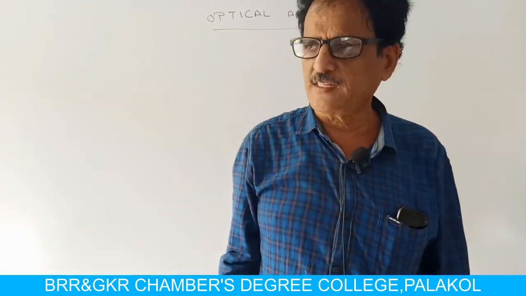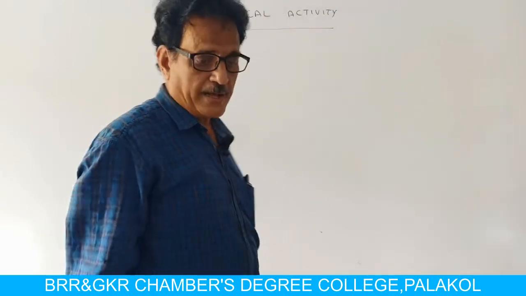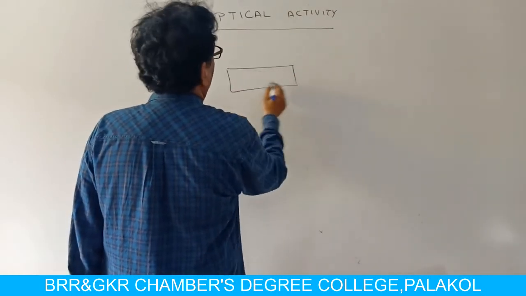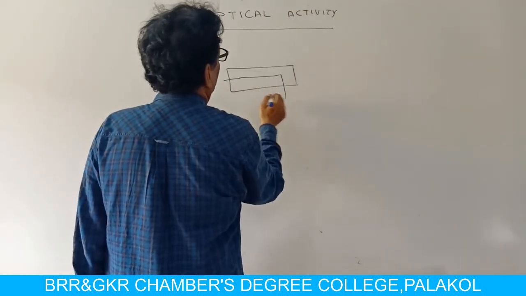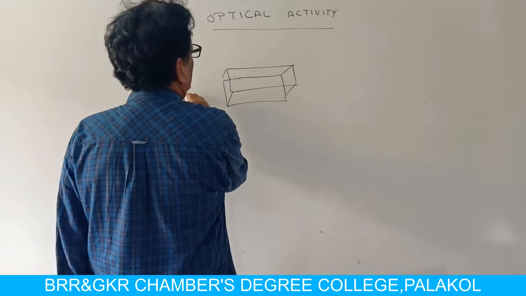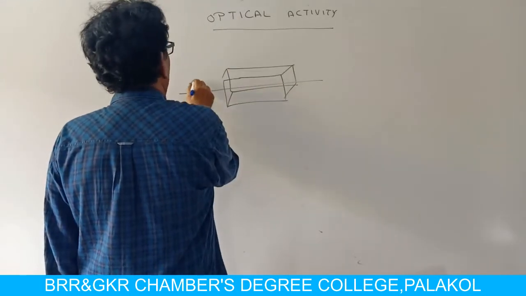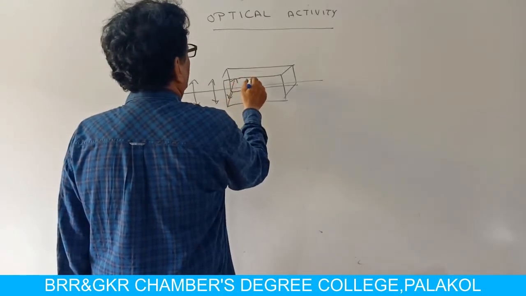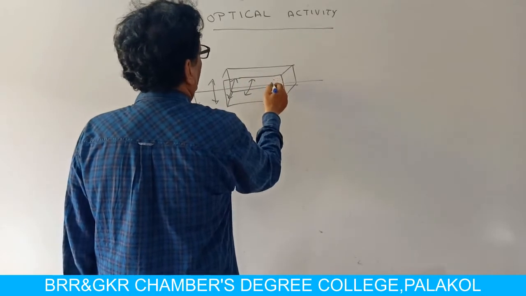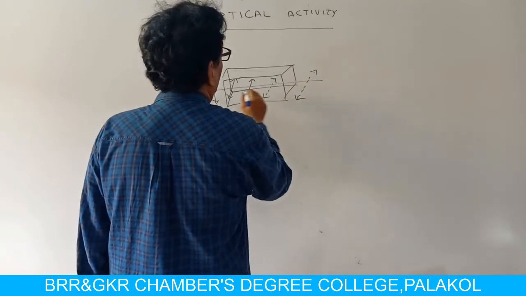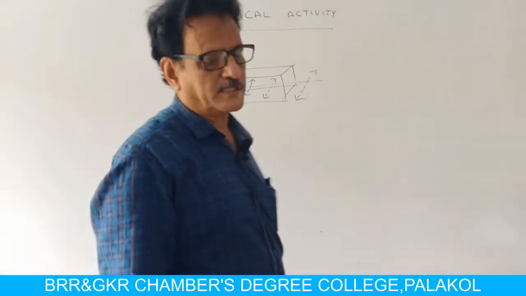When plane polarized light is passing through a crystal like quartz or a sugar solution, it is observed that the plane of vibration gets rotated during its propagation in the crystal.